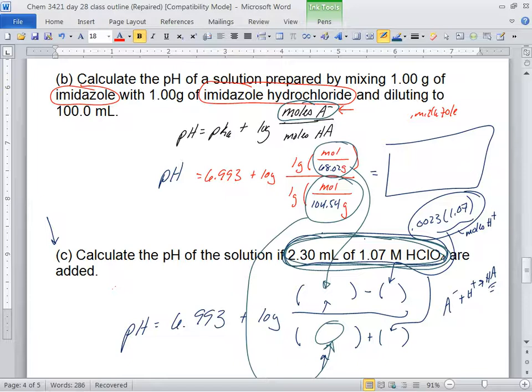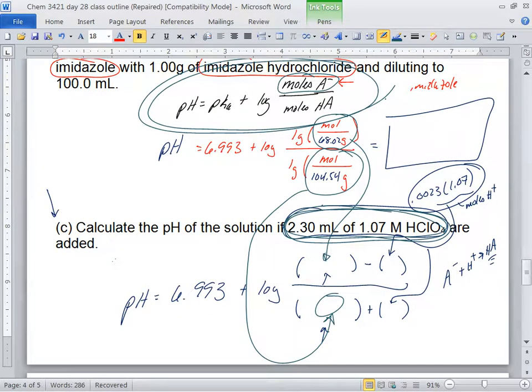But isn't Henderson-Hasselbalch the log of A minus over HA? So that's why this is your starting point. What goes on the bottom is the moles of HA. How many moles of HA will you have?